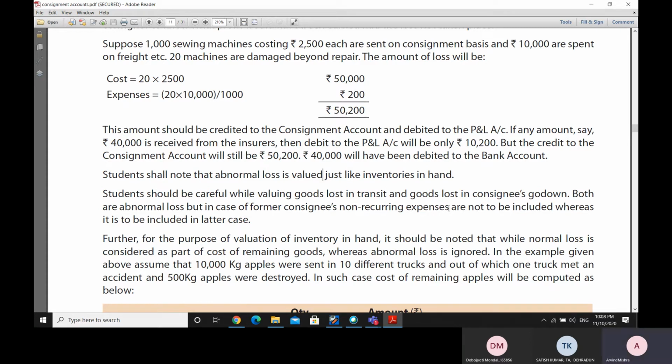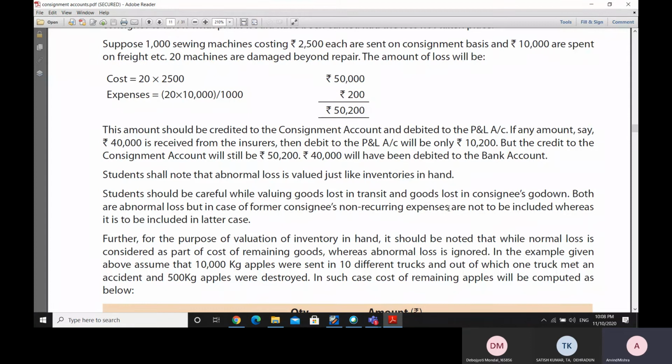So when we are valuing the loss, or the goods which are lost in transit, we will not be including the non-recurring expenses the consignee has incurred, because the goods were in transit, and whatever non-recurring expenses the consignee may have incurred would not be affecting the value of those goods which were lost in transit.